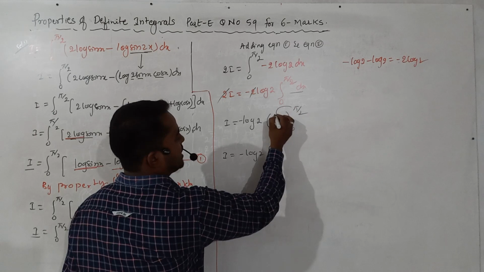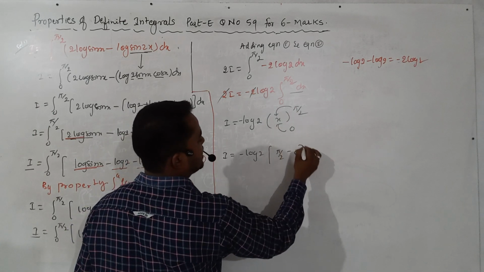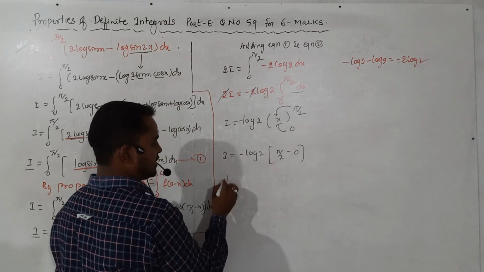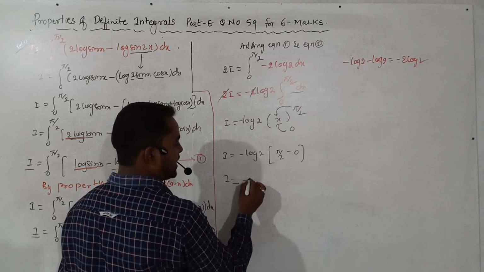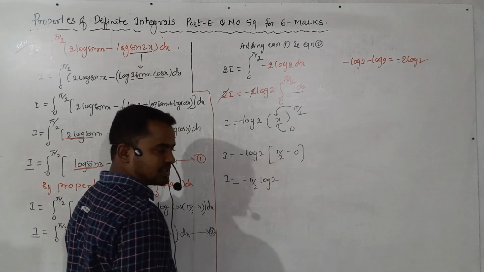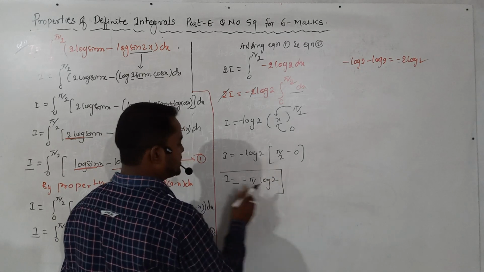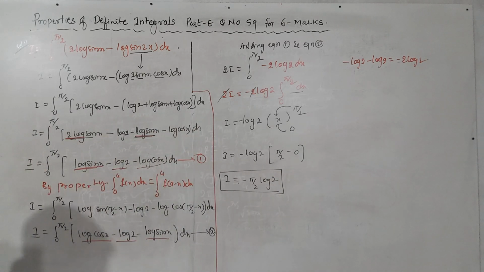First substitute the upper limit 5 by 2 minus the lower limit 0. Then I is equal to minus log 2 into 5 by 2 minus 0, which is pi by 2. So I is minus pi by 2 log 2. This is your final answer.